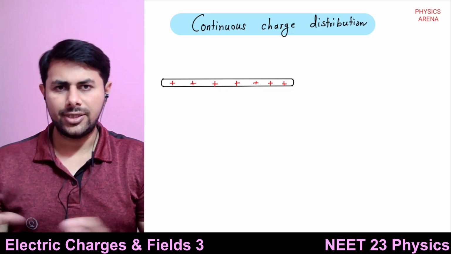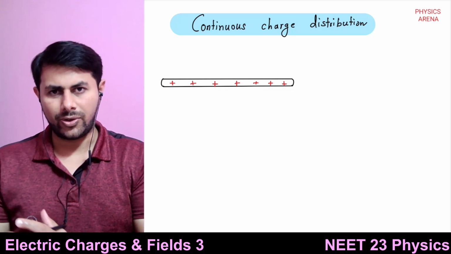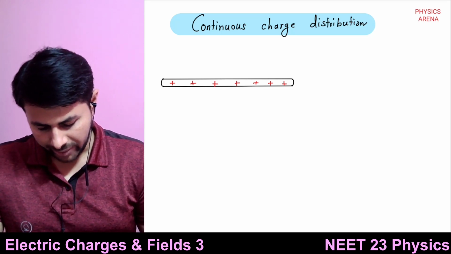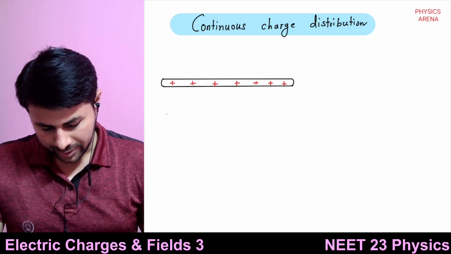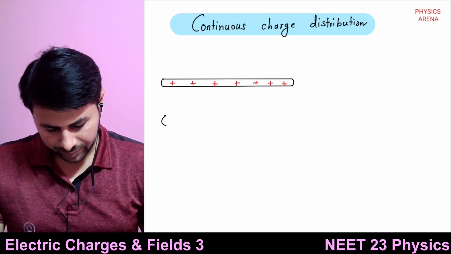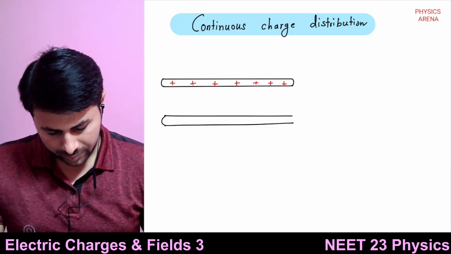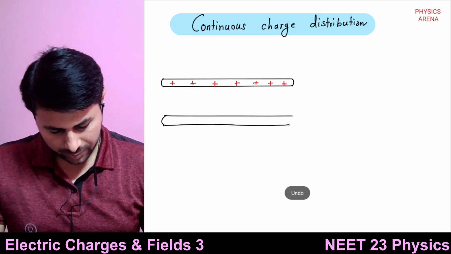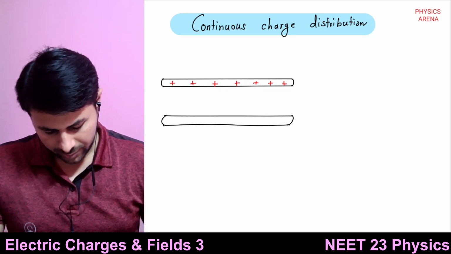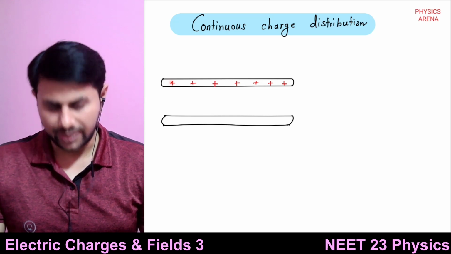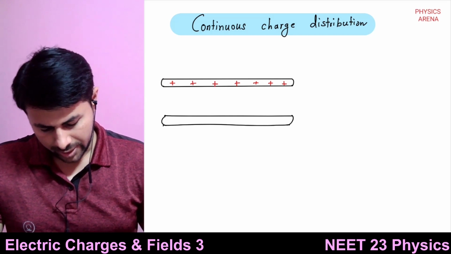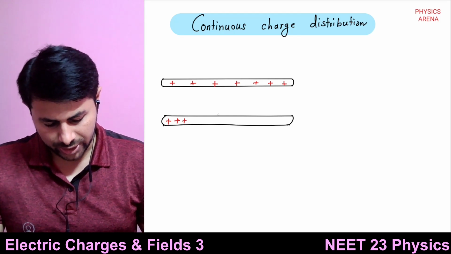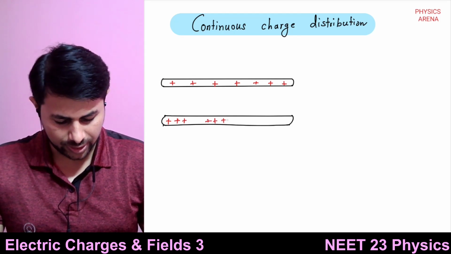Now this charge can be uniform, or it may not be uniform. What I mean is that charge can be distributed like this, or it may be distributed like this, where there is more charge here, no charge in between, and some charge over here.